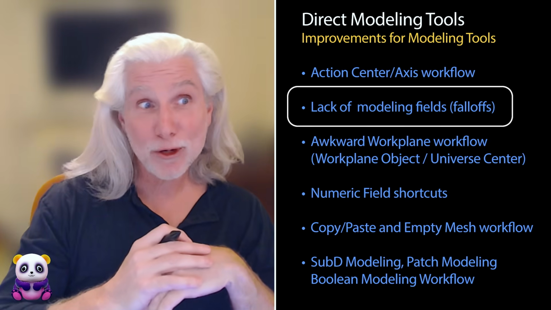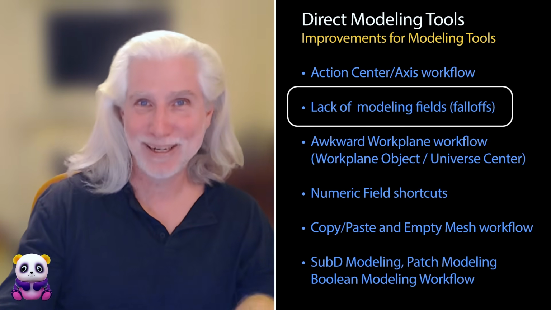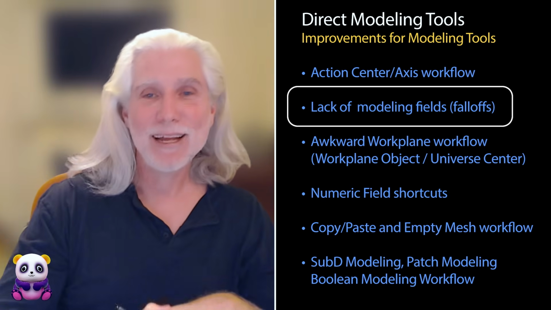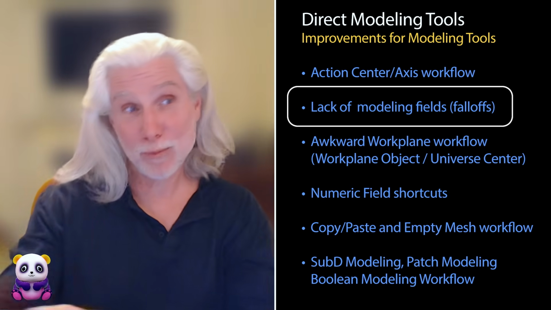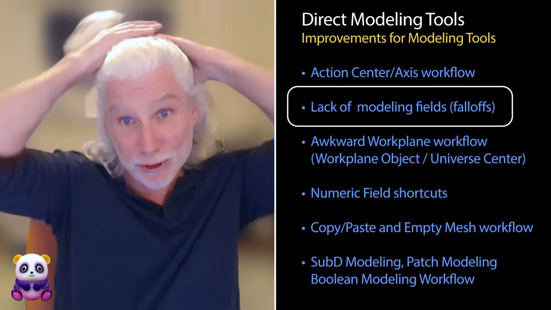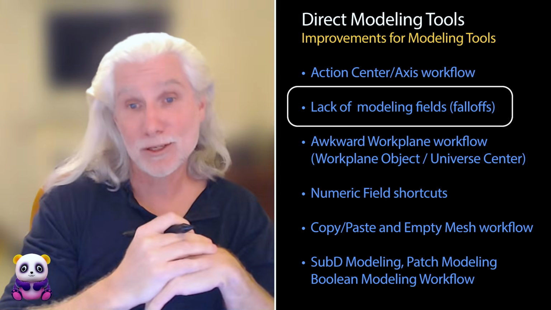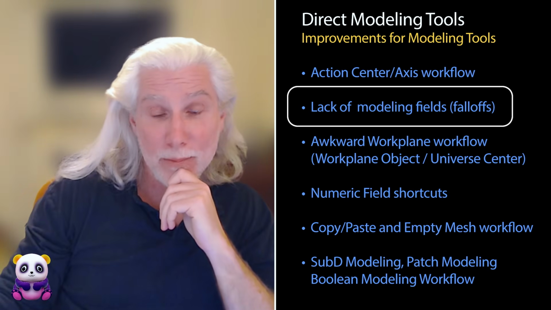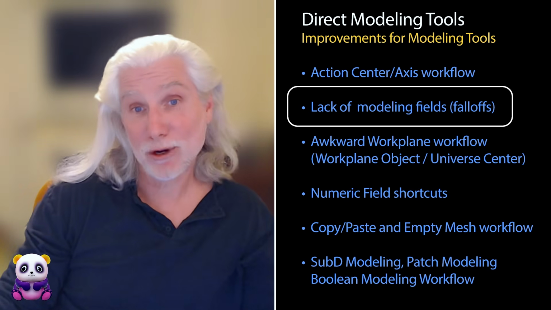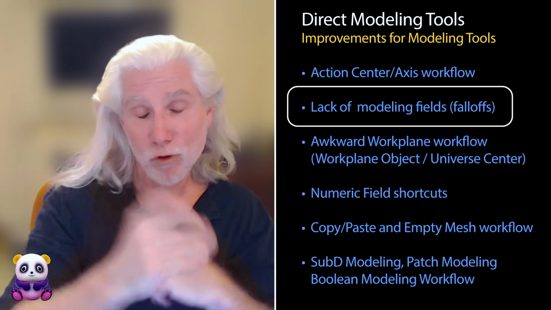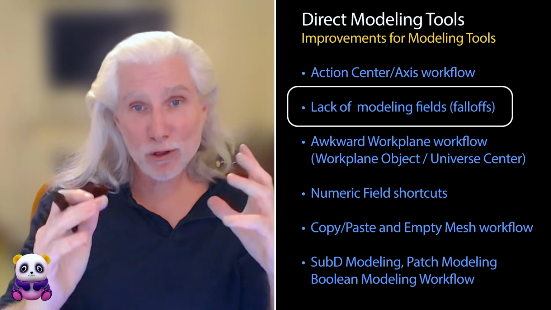And unfortunately, they're not available for direct modeling, where they could be super useful. You use them for dynamics and some procedural. You can't really use them for procedural modeling because they're not available in the scene nodes either. But you can use them for dynamics and motion graphics and effectors and deformers and stuff like that. They'd be super useful for modeling.